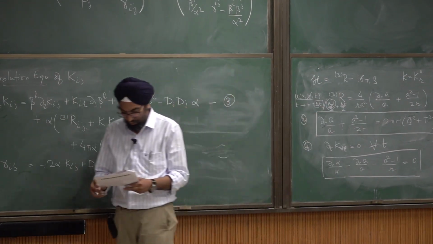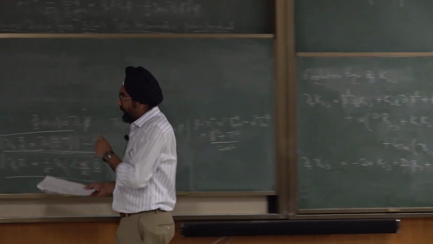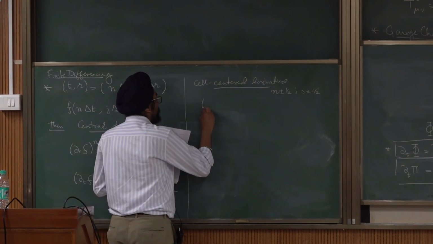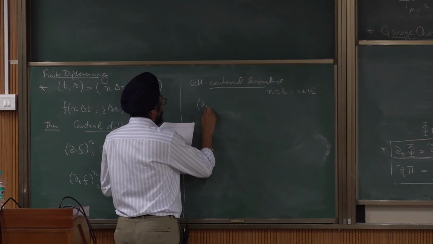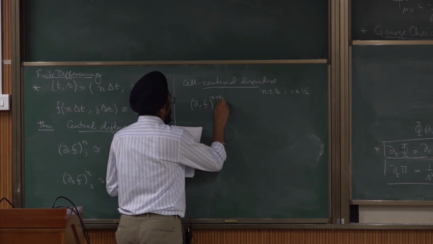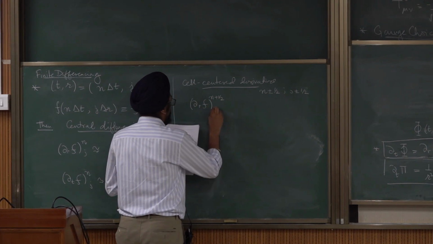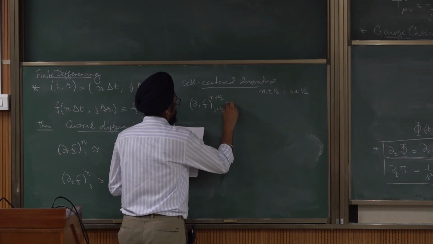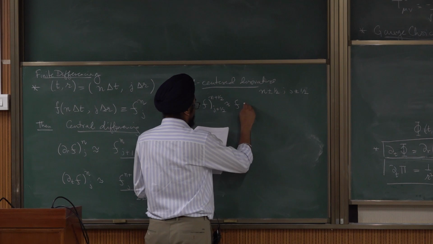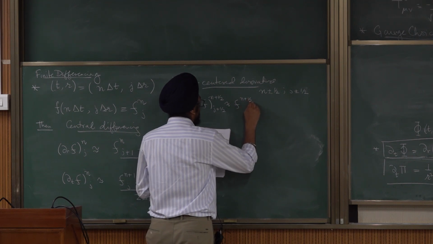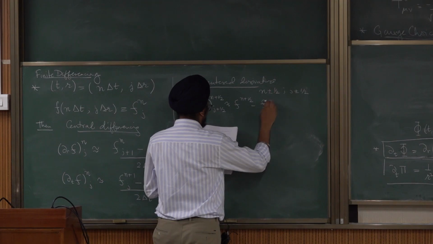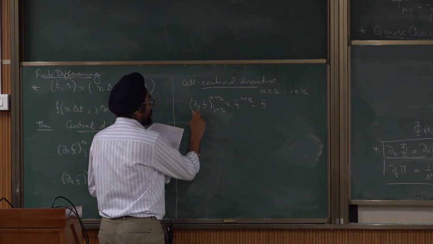It's not possible otherwise. So you define these n plus half and j plus half, and these are essentially delta r f n plus half, j plus 1 minus f n plus half j. So the n plus half remains the same. This is only changing r.